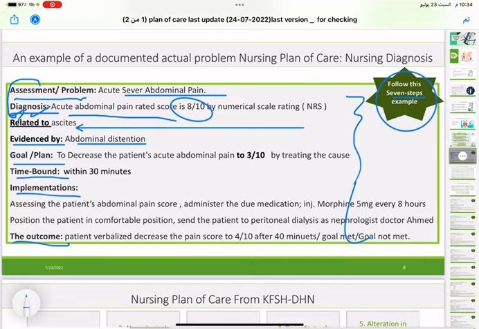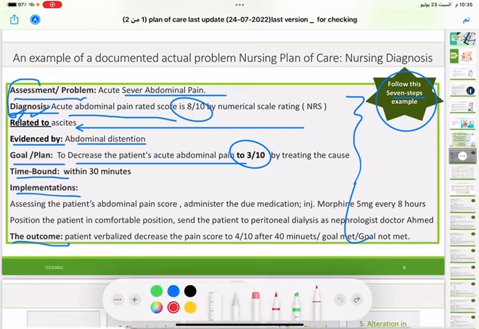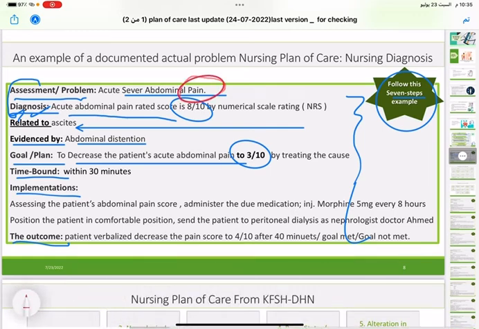Then after that you go to the goal. What do you want for this assessment? What do you want from this acute pain? You want to decrease the pain, isn't it? So you want to decrease it within the target. Why do I put the target? Because this is already a pain. Since we are saying, okay, dears, just focus, that it is pain, or neurological assessment, or skin, or something that needs a tool.